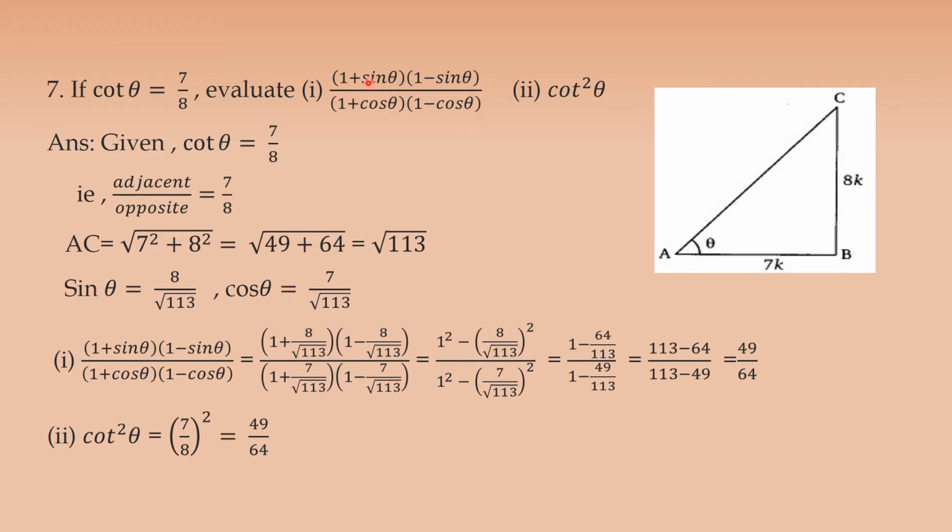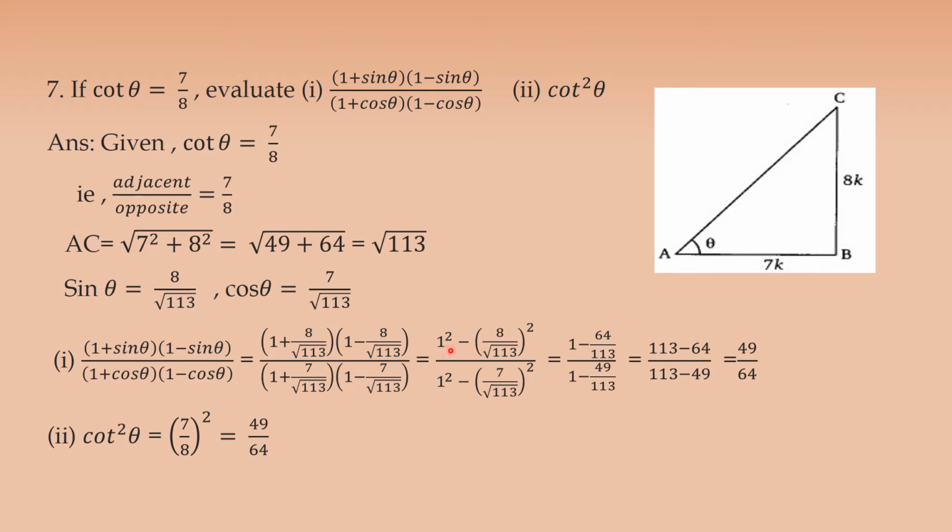Taking the question (1 plus sin theta)(1 minus sin theta) by (1 plus cos theta)(1 minus cos theta), we are going to substitute the values for sin theta and cos theta, which is (1 plus 8 by root 113)(1 minus 8 by root 113) divided by (1 plus 7 by root 113)(1 minus 7 by root 113). In the numerator we can see the identity (a plus b)(a minus b), which can be written as a square minus b square.